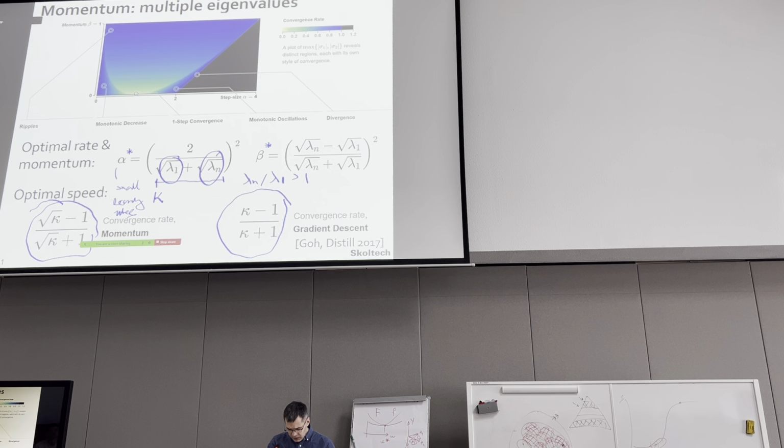Basically, we can say that lambda n is typically much bigger than lambda 1 in most problems. It means that this thing is approximately lambda n minus epsilon divided by the square root of lambda n plus epsilon squared.